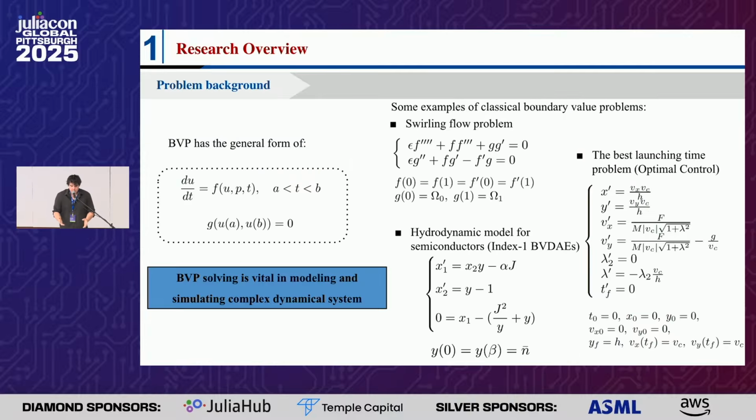So what are some good examples of boundary value problems? There are these 2-point BVPs, which a lot of people have written down, like the swirling flow problem. You find them in satellite motion and all sorts of different cases. You also find boundary value differential algebraic equations, like hydraulic models. But one of the things I'll be showing is that optimal control problems can be represented as a multi-point boundary value problem.